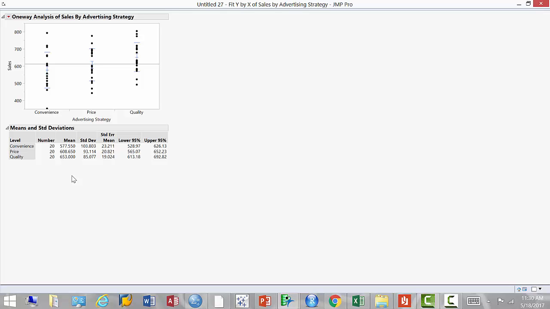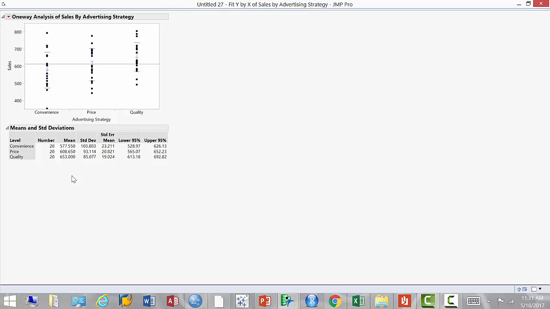Well, not we, JMP. What JMP is going to do is show us a 95% confidence interval. And an informal way you can tell whether these things are the same or not the same: if confidence intervals do not overlap, that means that probably these means are very far apart, right?